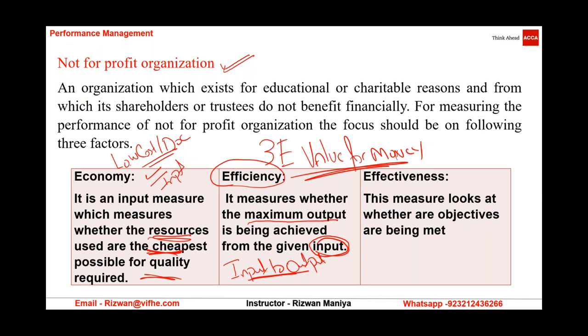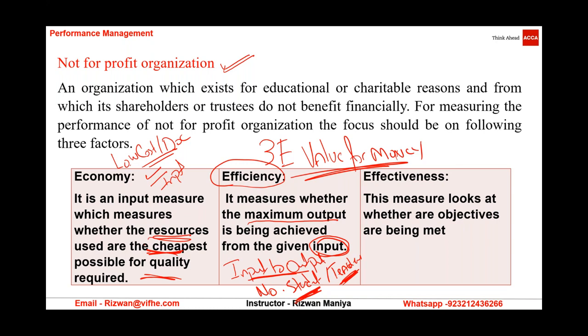If I give you an example of an institution, a school, I would say the number of students taught by the teacher. The number of students taught by the teacher is an efficiency measure, because here the input is the teacher and the student is the output. So you are seeing an input to output relationship, how many students a teacher taught.